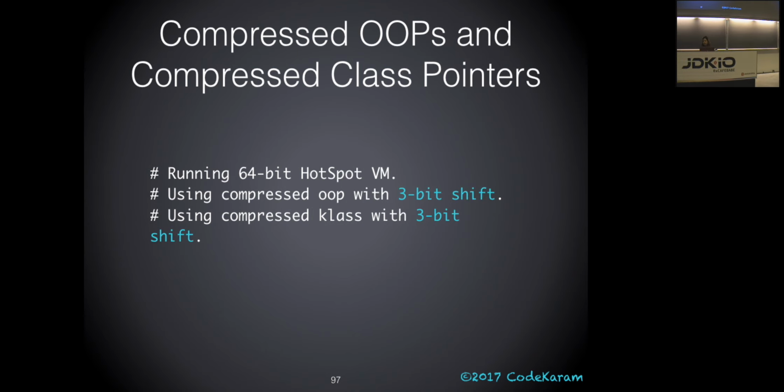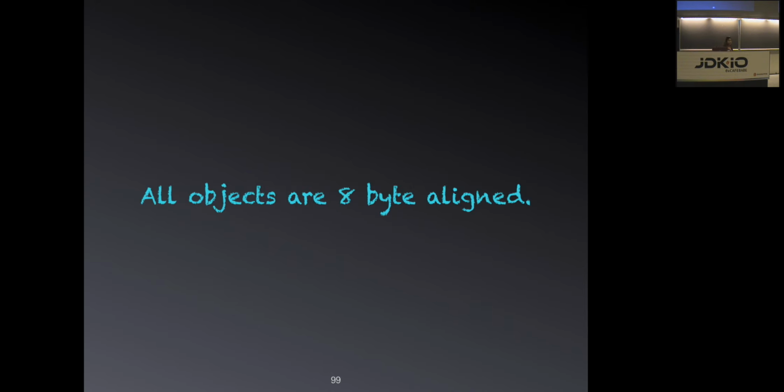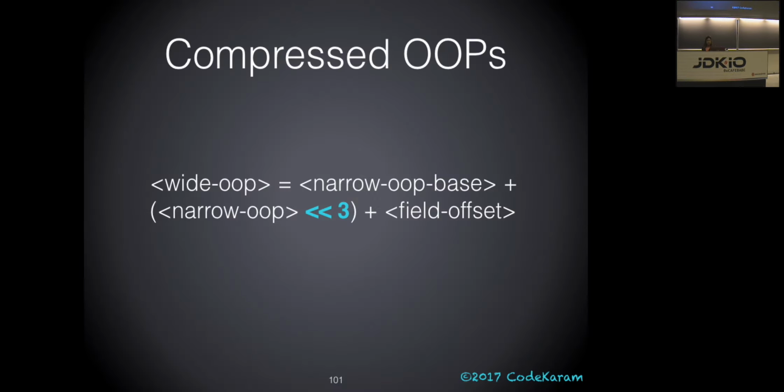The 3-bit shift is the most important part, and that's what compressed oops is all about. So let's talk about that first. Remember I said all objects are 8-byte aligned? So if you left shift by 3, we can have 2 raised to 35, which is 32 gigs of addressable space, right?